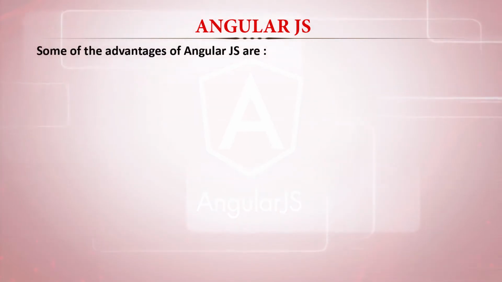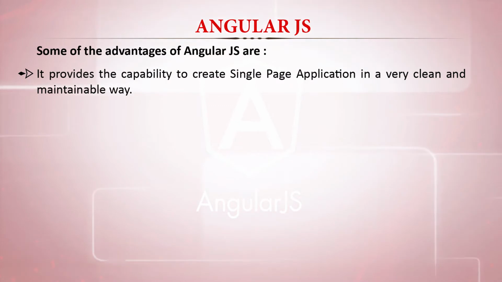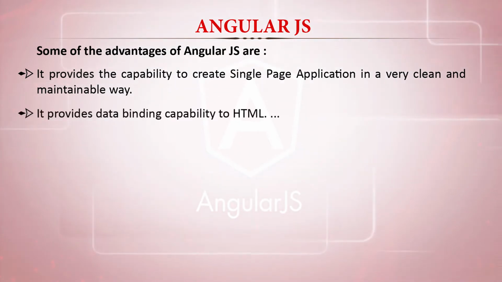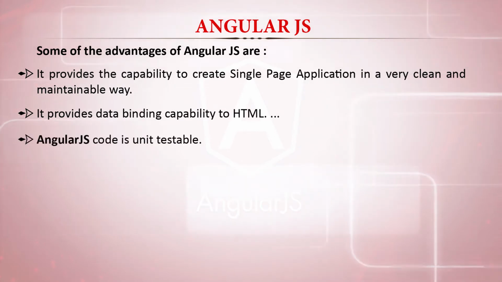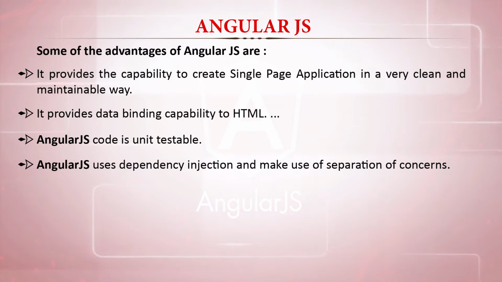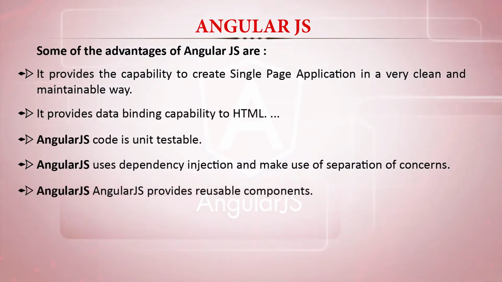Some of the advantages of AngularJS are that it provides the capability to create single page applications in a very clean and maintainable way. It provides data binding capability to hypertext markup language, and AngularJS code is unit testable. AngularJS uses dependency injection and makes use of separation of concerns. AngularJS provides reusable components.